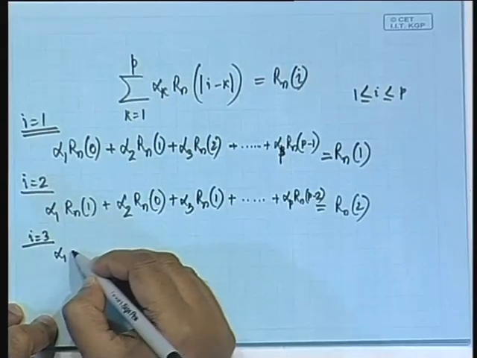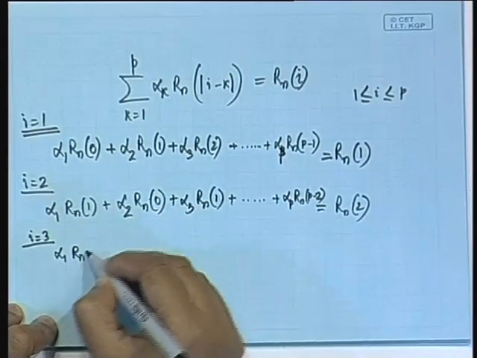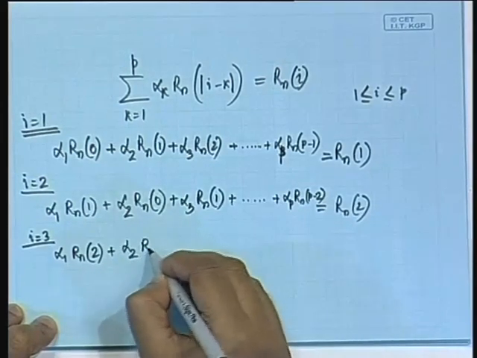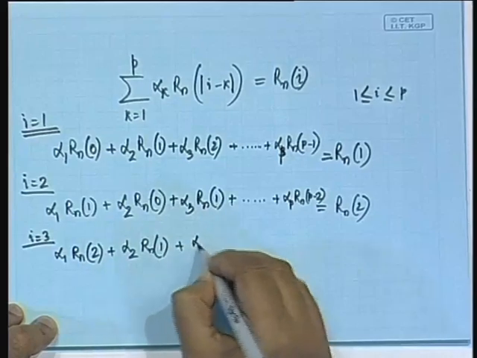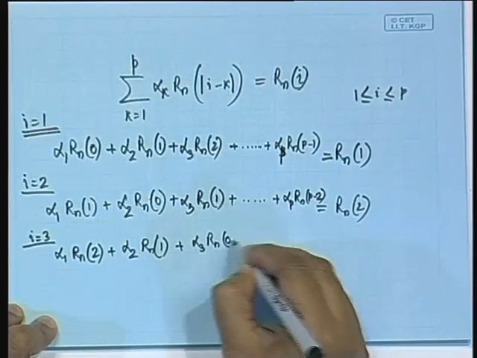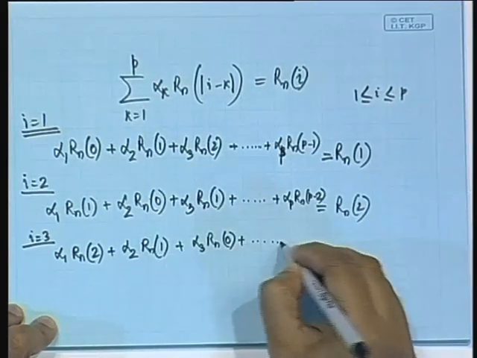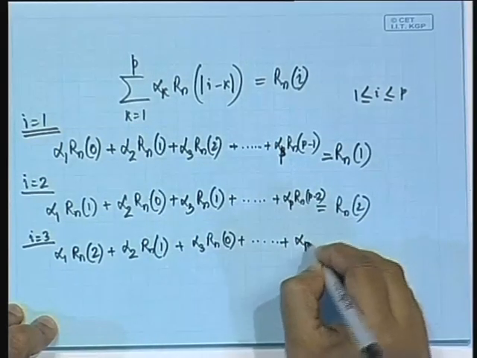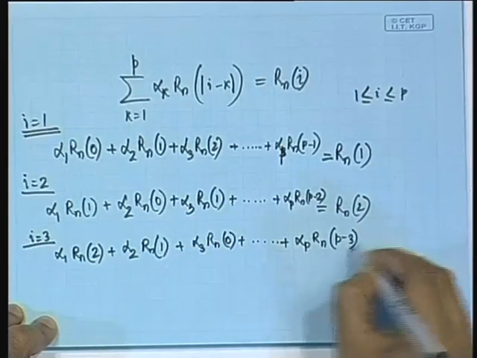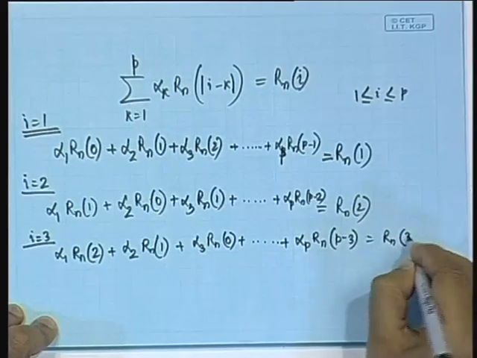It is going to be alpha 1 Rn 2 plus alpha 2 Rn 1 plus alpha 3 Rn 0, okay, plus so on, and it will be alpha p Rn. This time it is going to be p minus 3, which is going to be Rn 3, and so on.